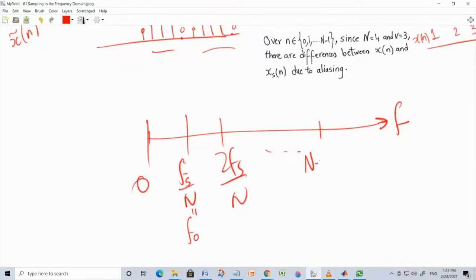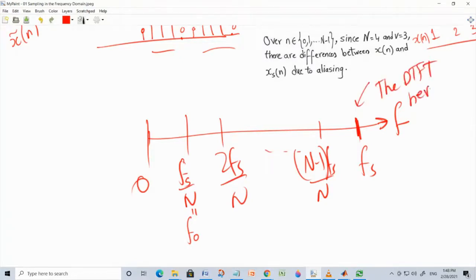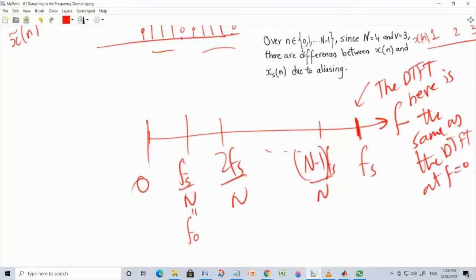And then you go all the way to n minus 1 fs over n. And then this is at fs. But we know that the DTFT repeats every fs, which means that the DTFT here is the same as the DTFT at f equals 0.